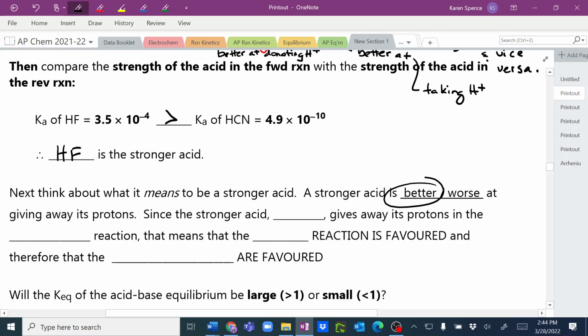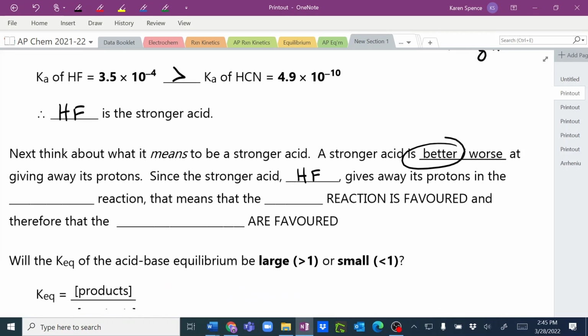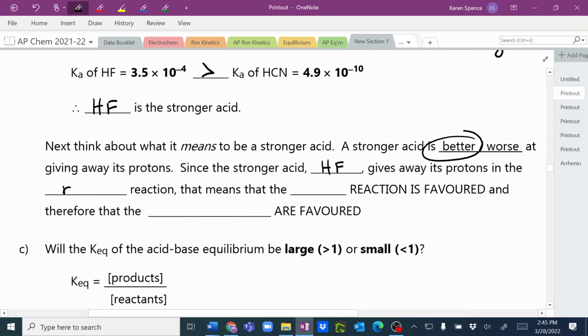And since the stronger acid, which is HF, gives away its proton in which reaction? Reverse. Yes, that's right, reverse reaction. That means the reverse reaction is favored, and therefore who is favored, reactants or products? Reactants.